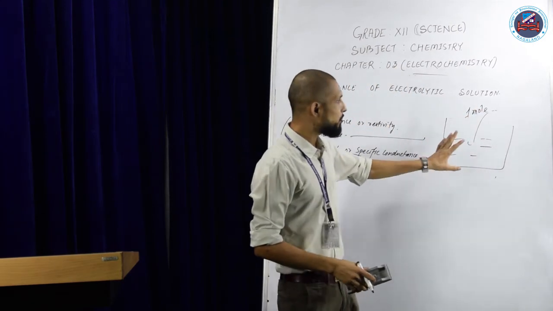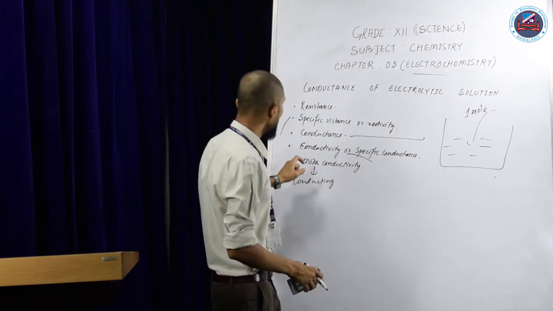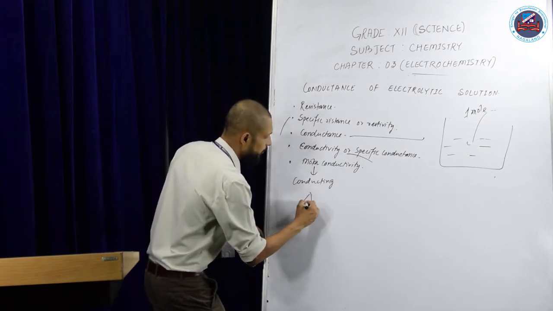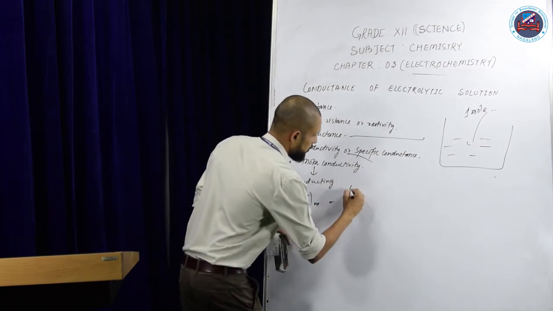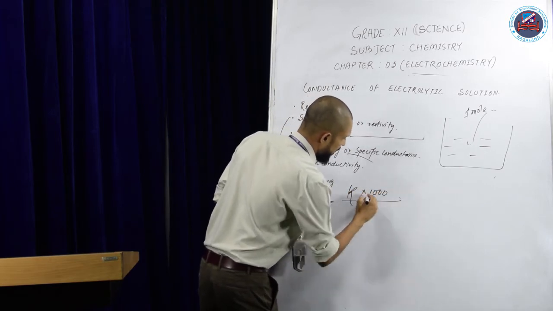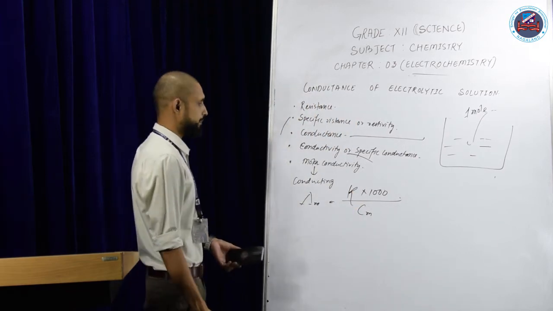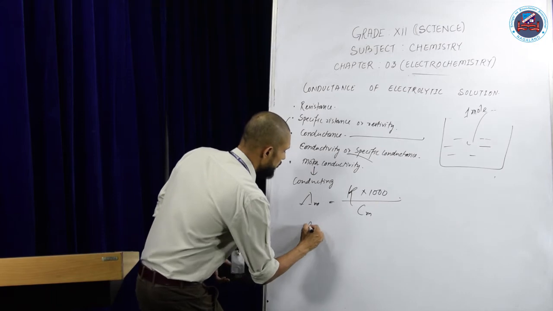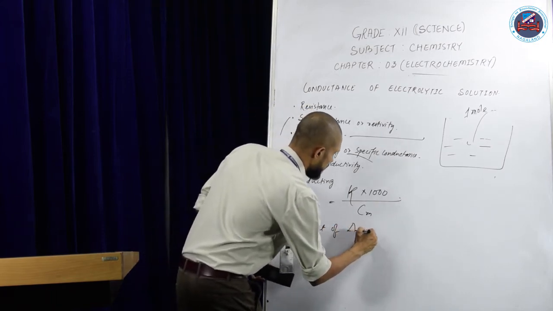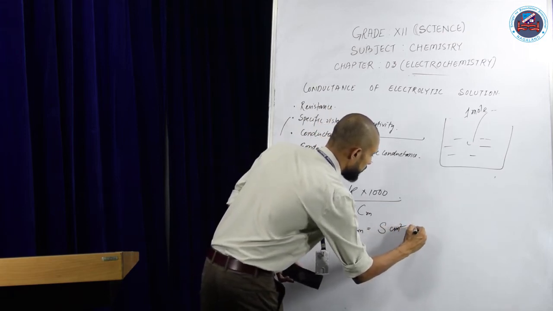So the conducting power of the 1 mole of an electrolyte in the solution is known as molar conductivity, and is given as kappa, that is conductivity, multiplied by 1000 divided by molar concentration, that is Cm. Unit of molar conductivity is Siemens per centimeter square per mole.